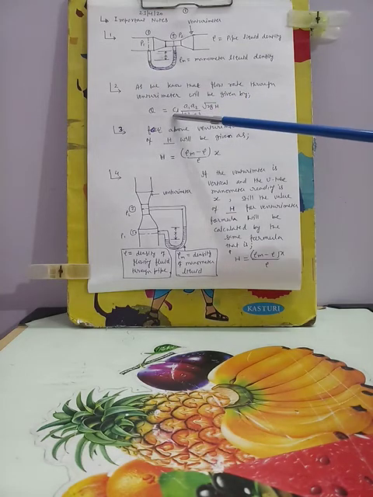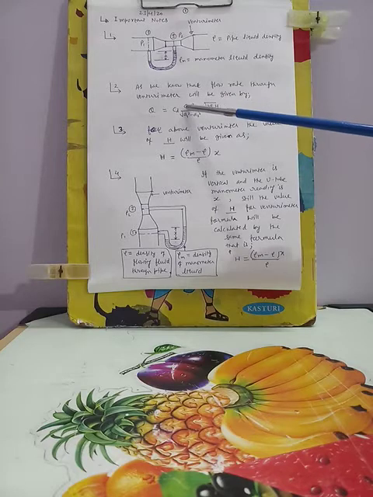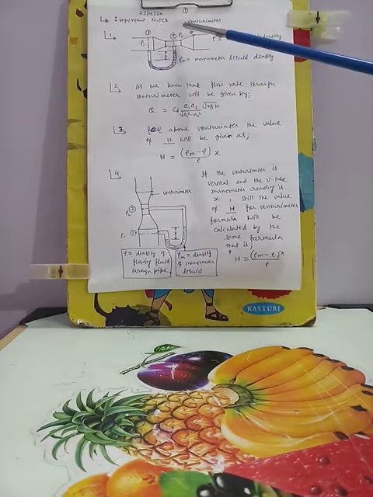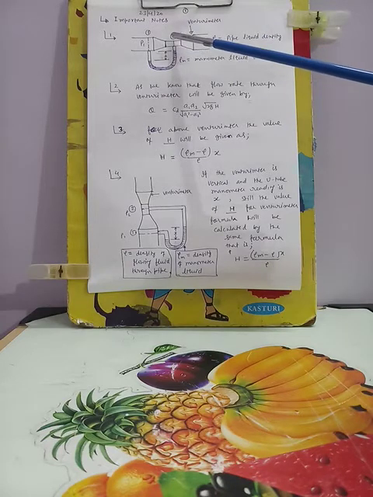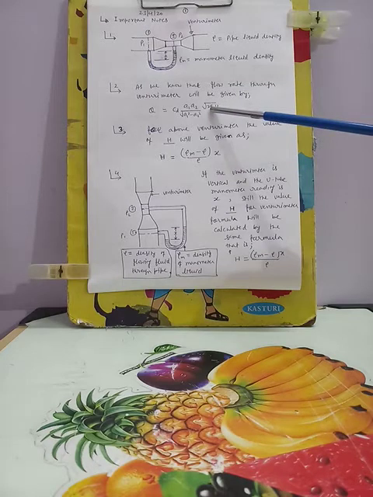Here CD is the coefficient of discharge. A1 is the cross-section area of the pipe. A2 is the cross-section area of the throat, and g is the acceleration due to gravity, and capital H. The value of capital H is important to find out.